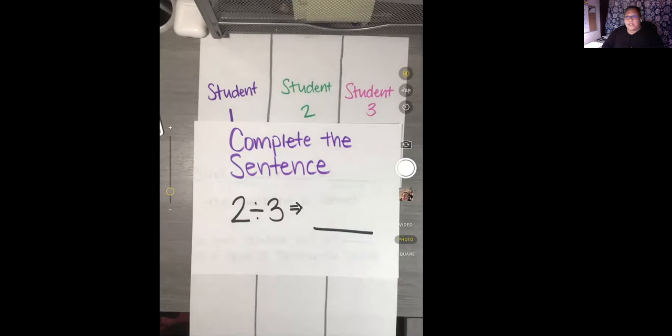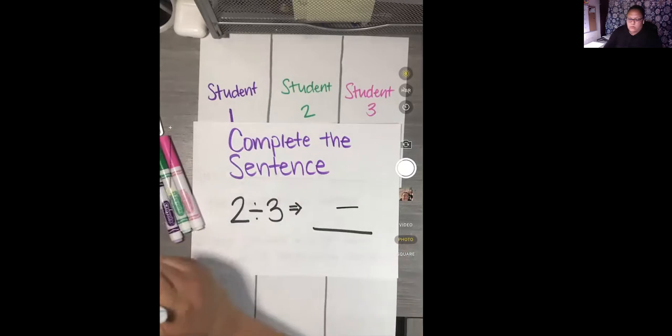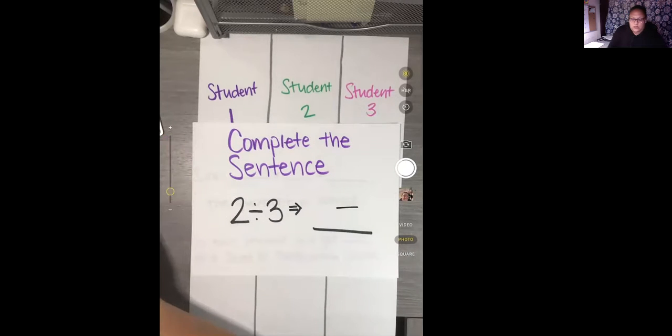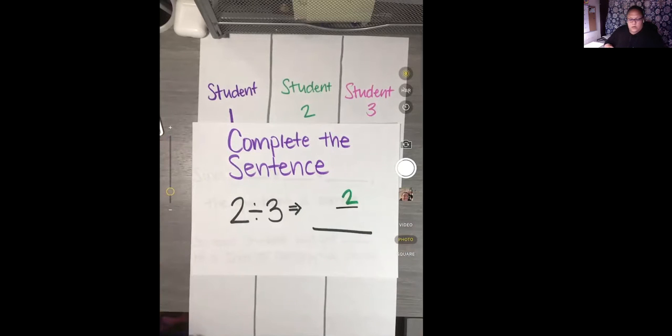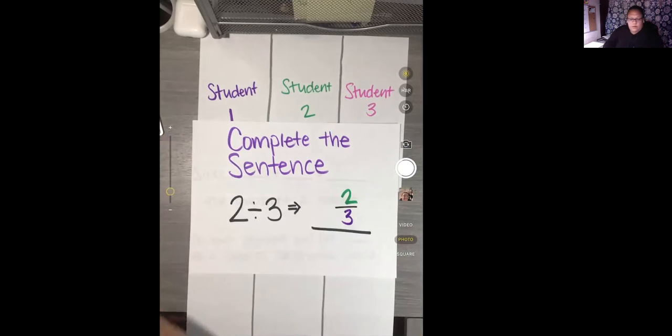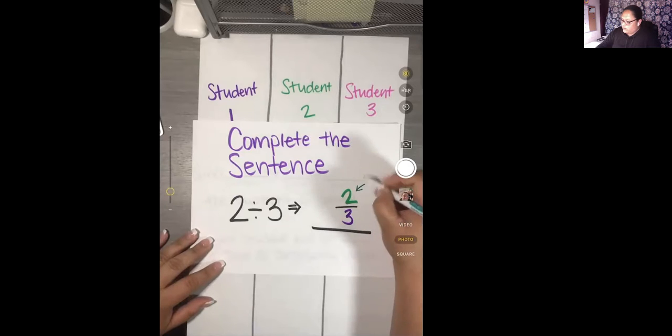And if we wanted to turn this into a fraction to represent our division problem, it would look like this. 2 divided by 3. This number represents our dividend.